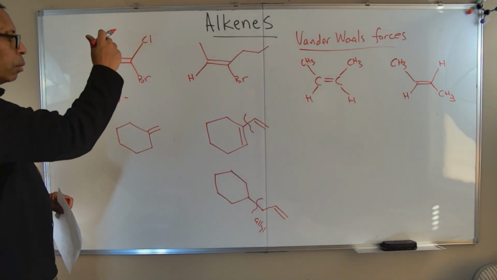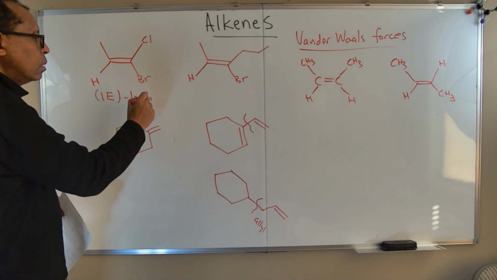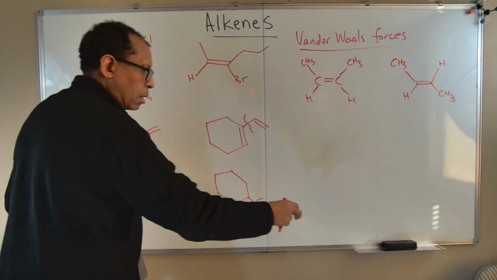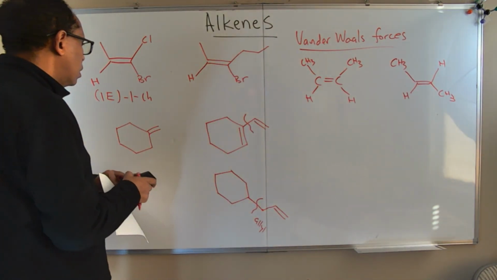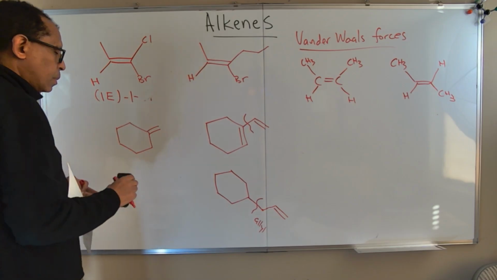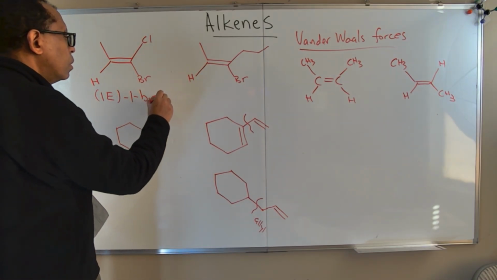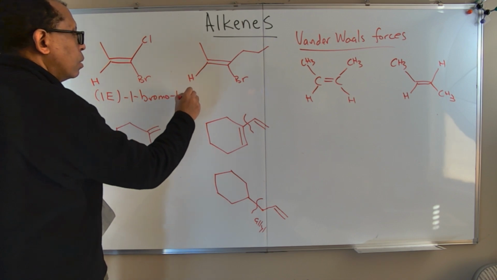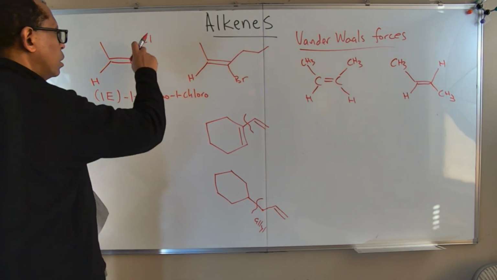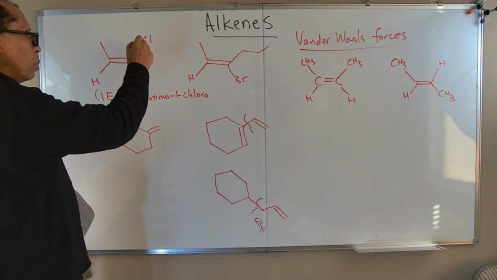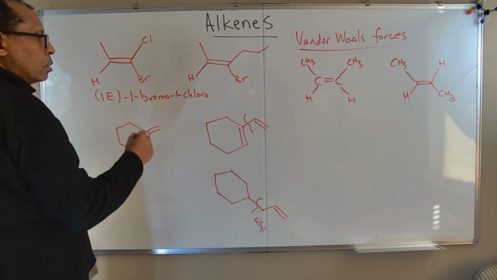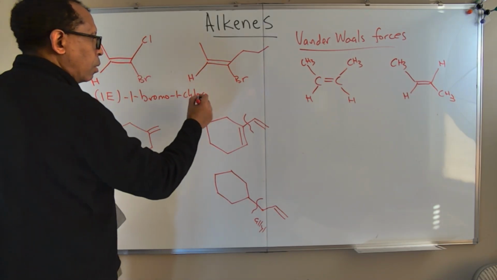So it's a 1-chloro. Let me make it alphabetical. So it's a 1-bromo, 1-chloro. It is a propene, 1, 2, 3 carbon.